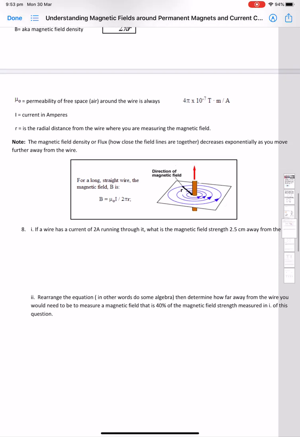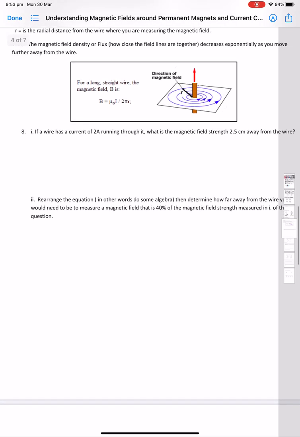All right, so let's look at a problem here. The first problem says if a wire has a current of 2 amps, so we've got I, running through it, what is the magnetic field strength 2.5 centimeters away from the wire?